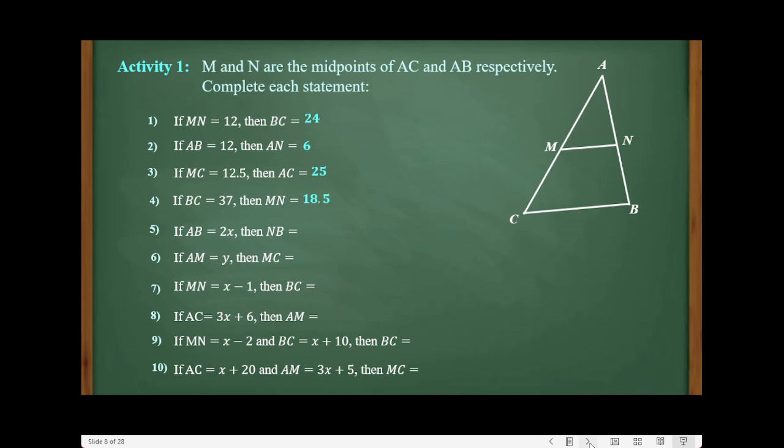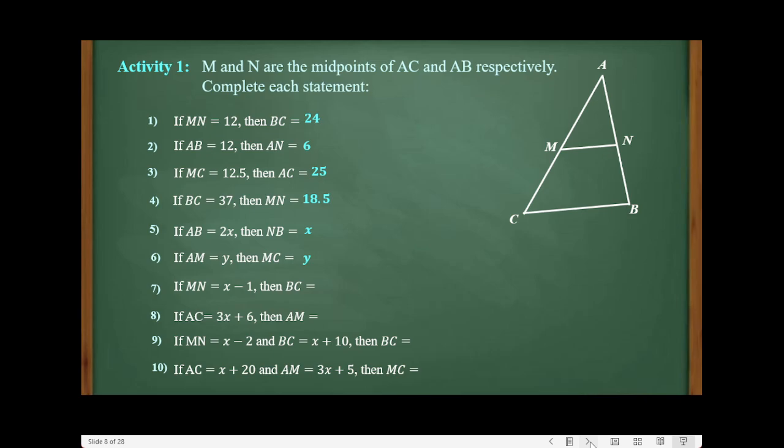18.5. Number 5, AB is 2x. What is NB? It's x. If AM is y, what is the length of MC? It's also y. Number 7, MN is equal to x minus 1.